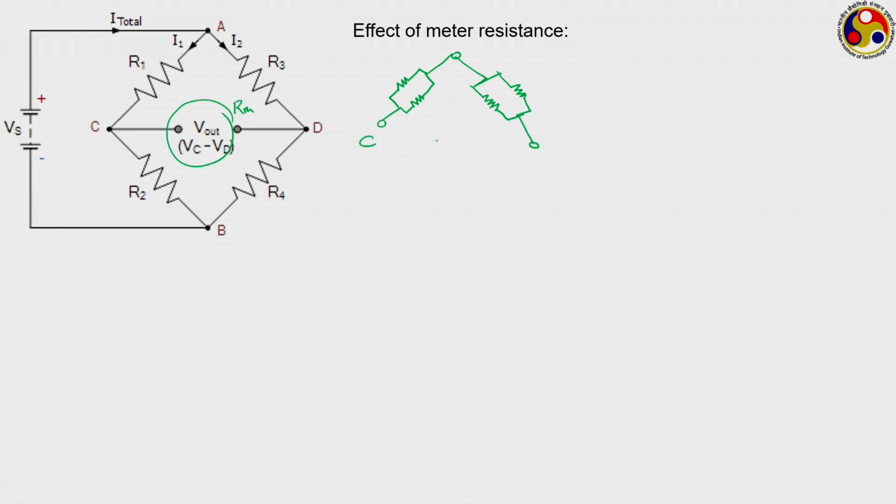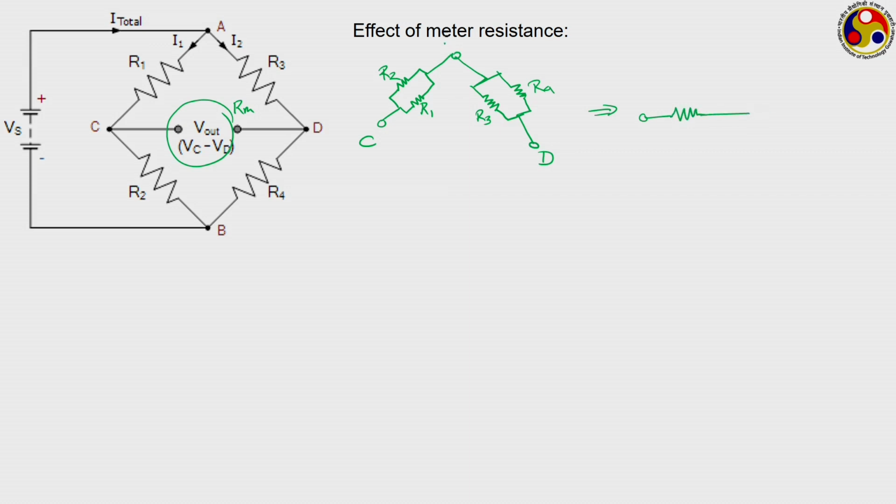So this is your point C, this is your point B, and this is your resistor R1 and R2, these are resistors R3 and R4. This is a modified version of the same circuit. Then you can modify this one into a straight-line kind of structure, so you can basically reduce this to two resistors.